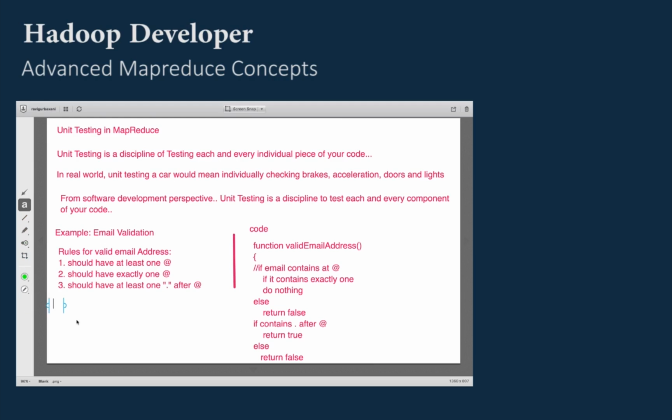Now possible unit tests for this would be giving an email and expecting false, expecting false, expecting true.